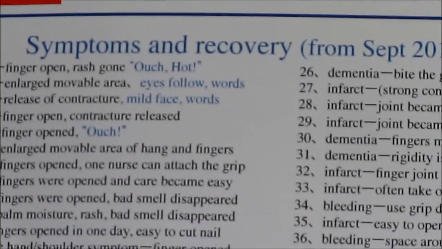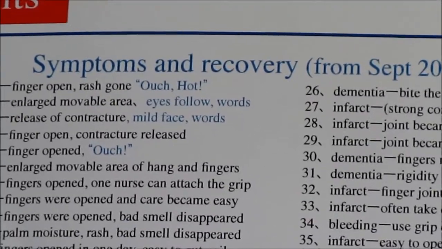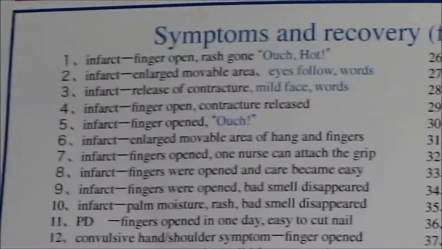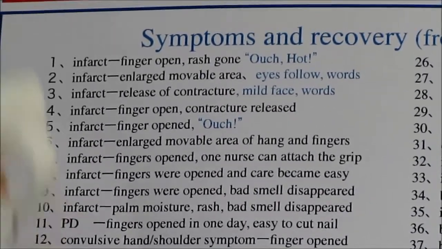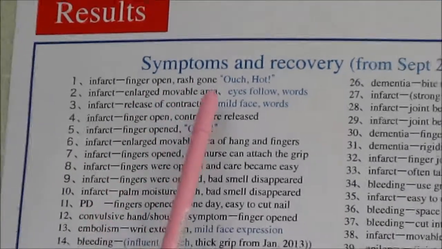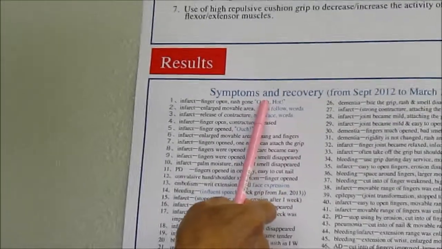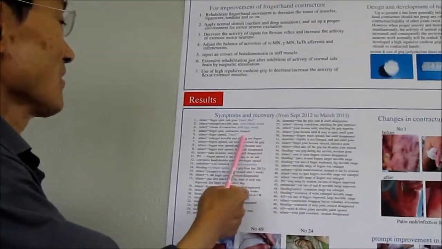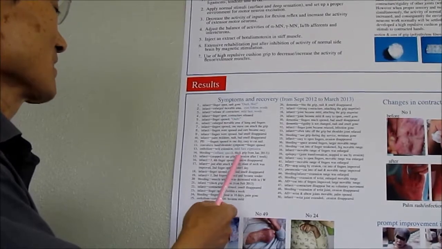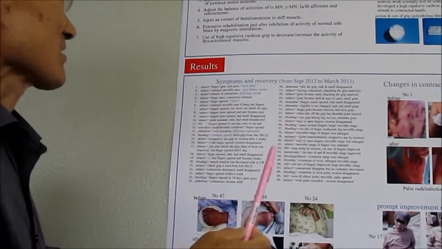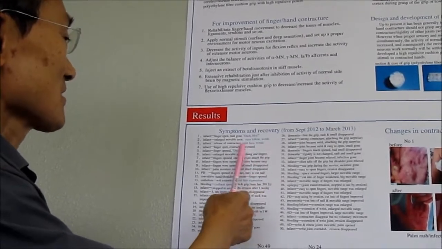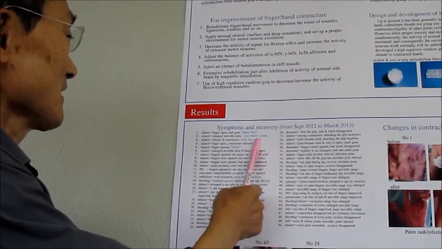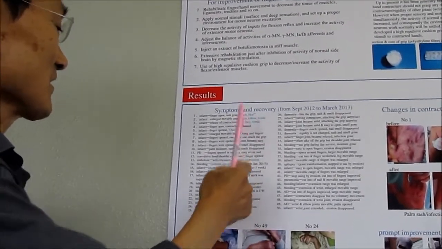I mean, patients who lost speech after cerebral infarction. They recovered words in 1 month by using a grip. Words like ouch, heart, or the names of the killers. And the muscles of the face became very tender and mild.